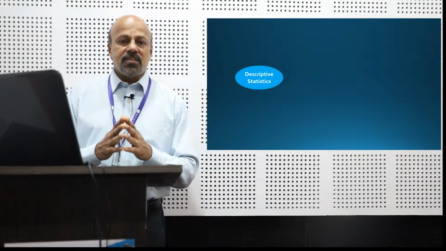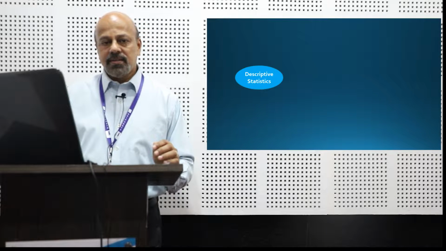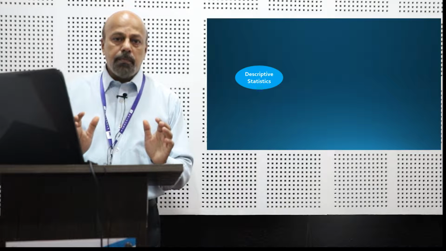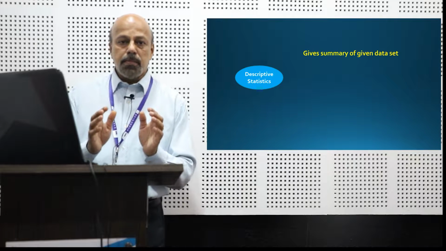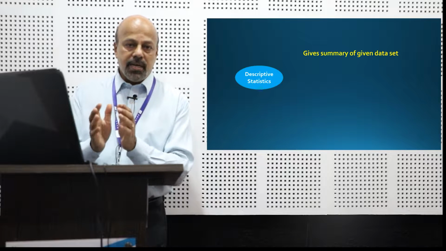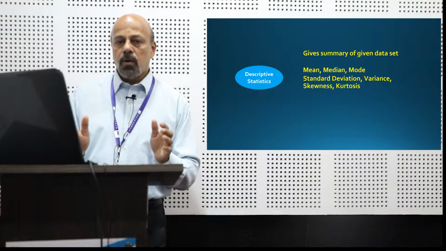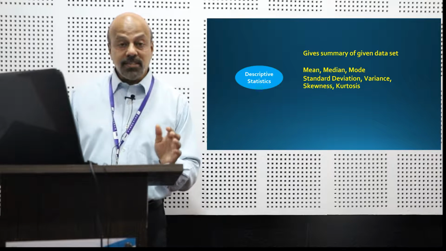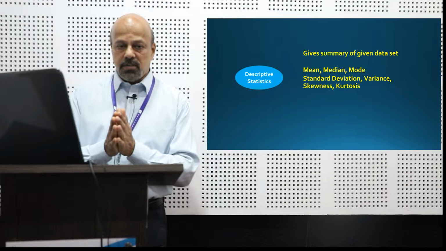Descriptive statistics gives a summary of a given data set. That means if a sample data is given, we will find out the mean based on the data, or the median, or mode, or variance, like this. And this is called descriptive statistics.